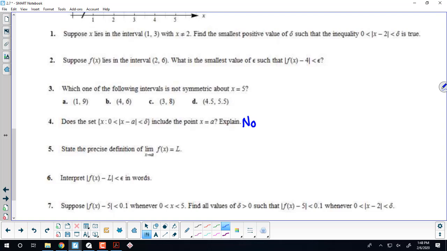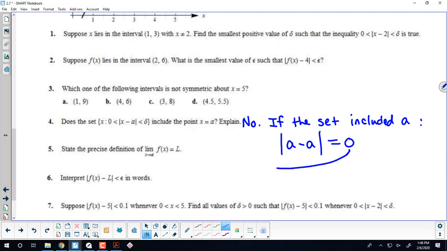So our answer is no, but if the set included a, then we would just have the absolute value of a minus a, which is equal to 0. Again, the set doesn't include 0 from that piece right there.